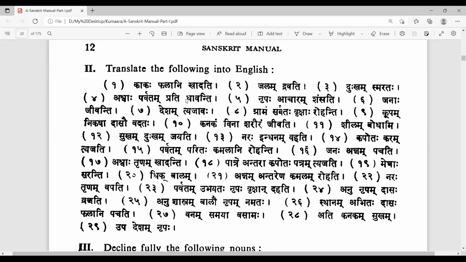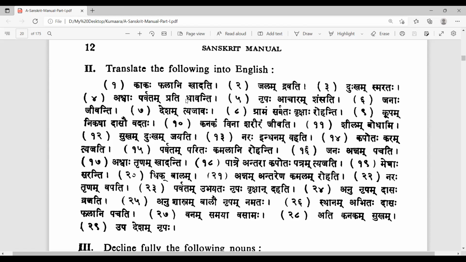What is the translation? The king praises the conduct. Yes. जनाः जीवन्ति. The kriyapadam is जीवन्ति. ते जीवन्ति. So people live.